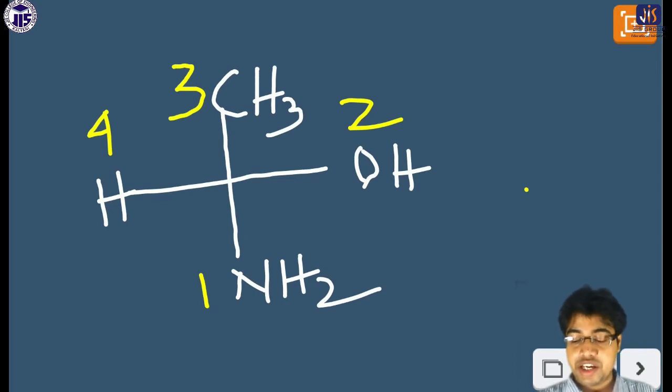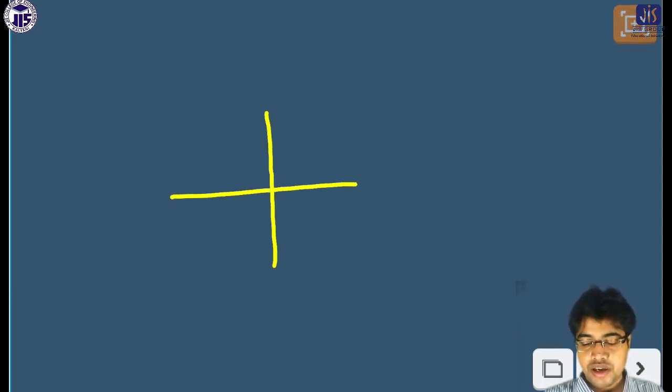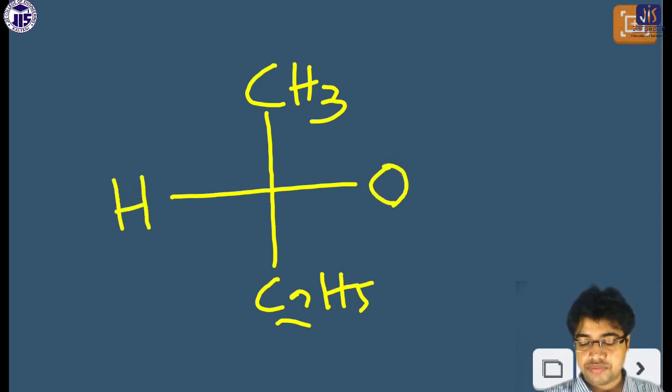But if I give you an example of a compound like this, here it is CH3, here it is C2H5, here it is H, and here it is OH.